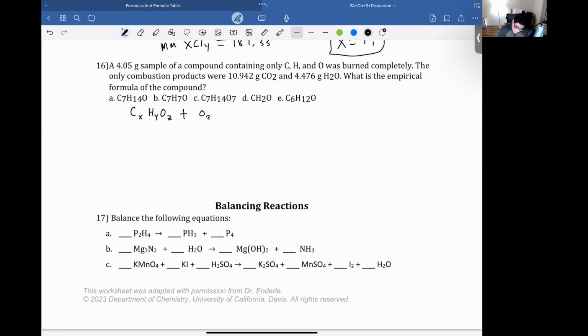You're combining it with oxygen, and then you get CO2 and water. I'm not balancing this. It doesn't make sense to because I can't. I don't know how many carbons or hydrogens or oxygens are on the left, but this is the general form of a combustion reaction, right? You combine something with atmosphere or oxygen, and then you get CO2 and water. Both of these are gases, by the way.